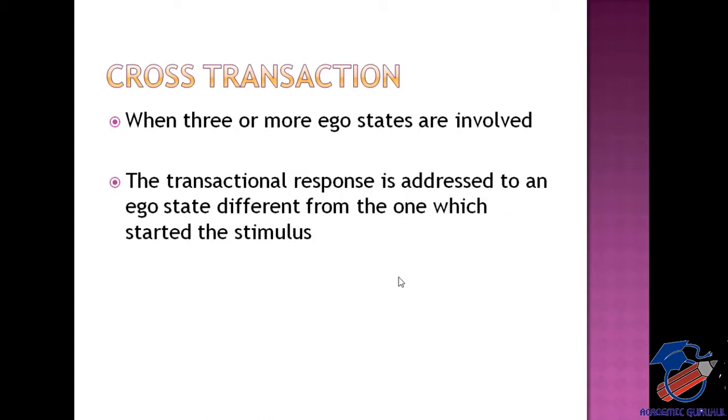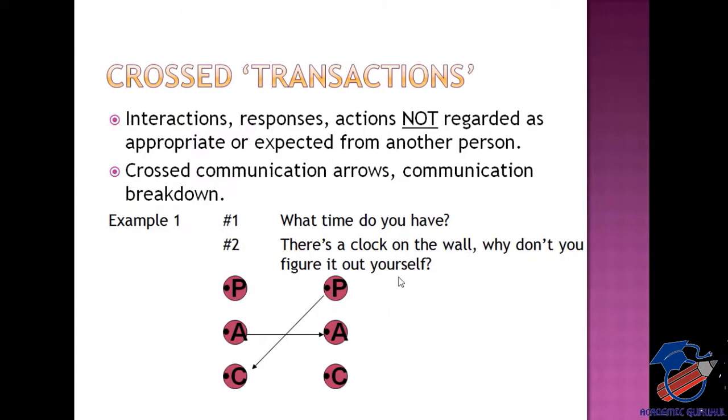Like in a cross transaction, the response is addressed to an ego state different from the one which started the stimulus, and generally these disrupt communication. A cross transaction occurs when an unexpected response is made to the stimulus, an inappropriate ego state is activated, and lines of communication between the ego states are crossed.